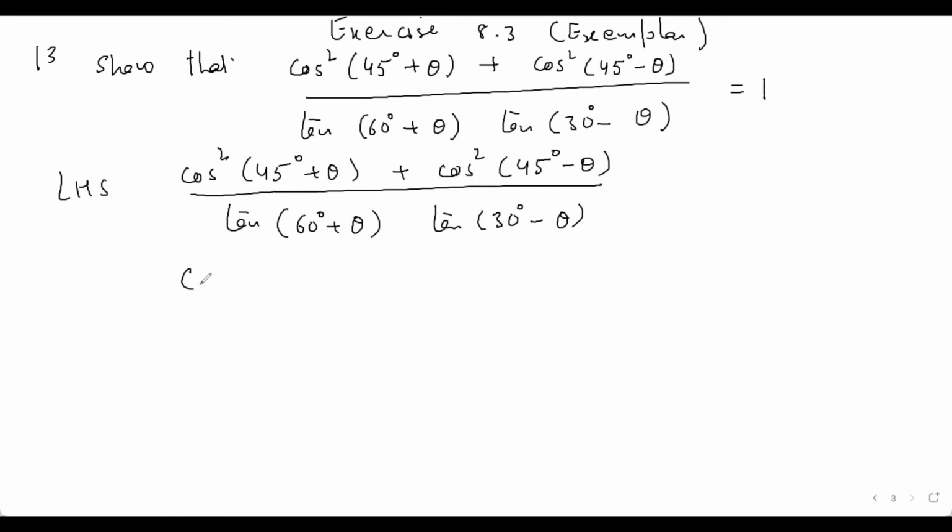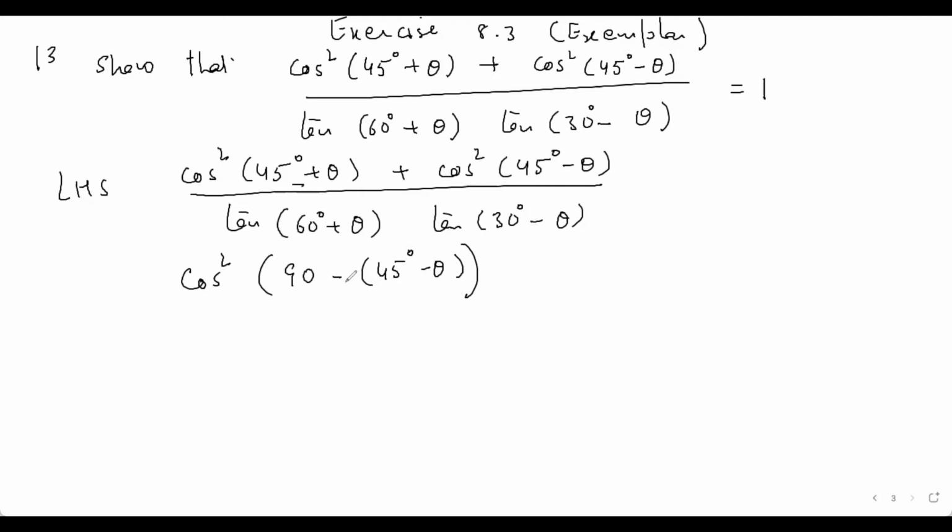Now this can be written as cos²(90° − (45° − θ)). If I subtract 45° − θ from 90, you will get 45° + θ.